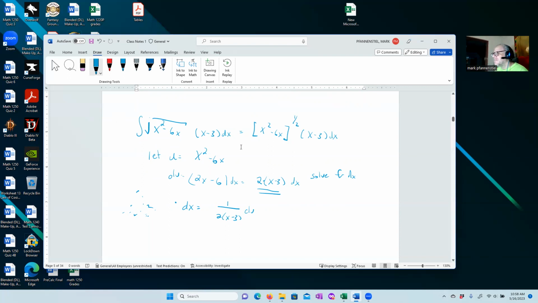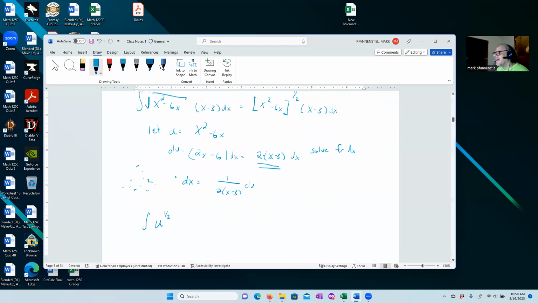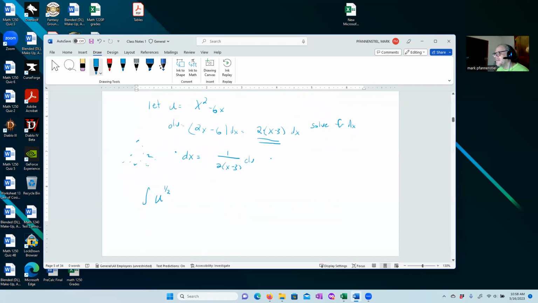Now when I back substitute, we're going to have the integral of u to the 1/2 power, and then what do we have left? We have our x minus 3, and then we have our dx, which is 1 over 2 times x minus 3 du.